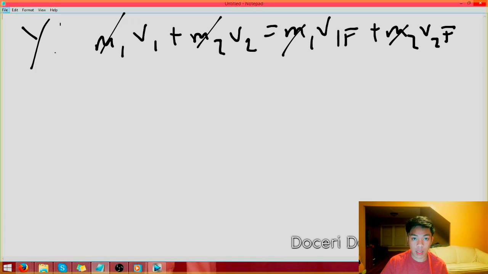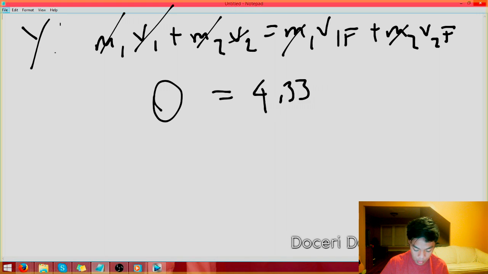Initially, both of the balls are not moving in any y direction, so those cancel out and equal 0. v1 final is moving in the positive direction, so that'll be positive, and we already know the value for that: 4.33 sine 30.